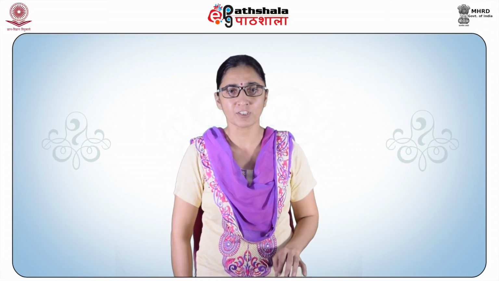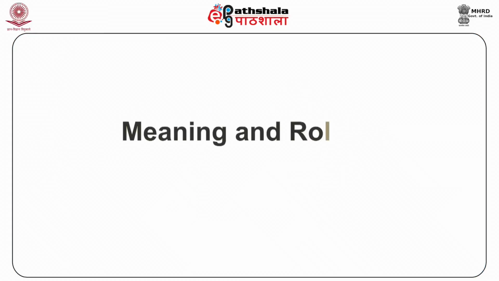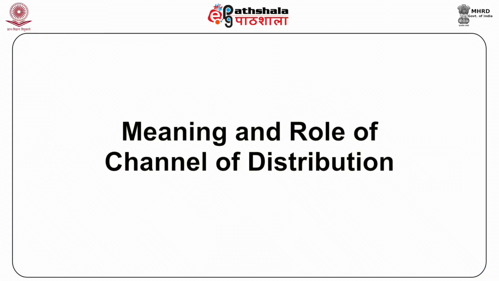So, this module begins with the definition of channel of distribution, highlighting the role played by different types of intermediaries, and also explains distribution mix, functions, formats and levels, and various channel management concepts. Meaning and role of channel of distribution.